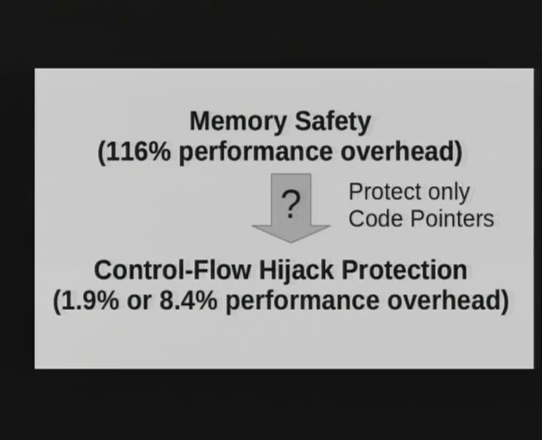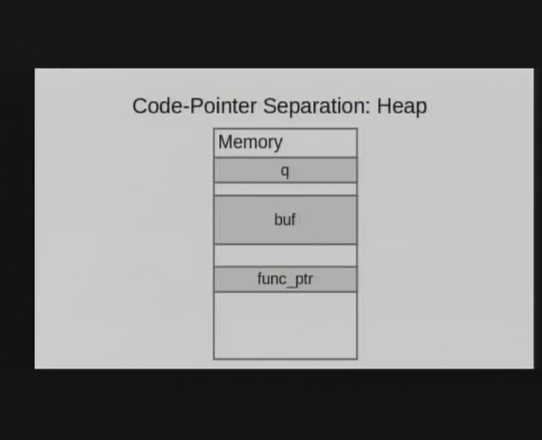These two numbers are two different policies that we implement, and we will go into more detail about what the different policies entail later on. So these two policies offer strong protection against any software attacks by protecting only the code pointers and not giving guarantees about any other data that is in memory.